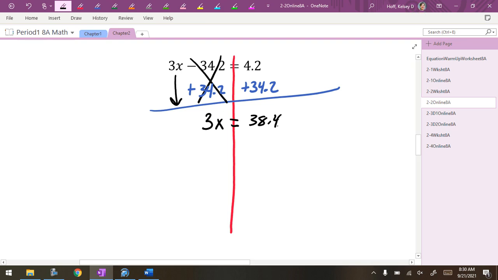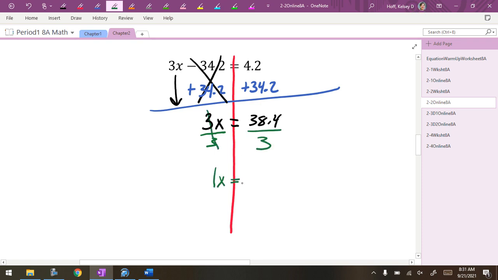Okay. Miss Youngkong, what would you like me to do next? Yep, we added those two, and we got 38.4. Now on this line right here, what's my next step? Very good. We're going to divide both sides by our coefficient, which is a 3. My 3's cancel.